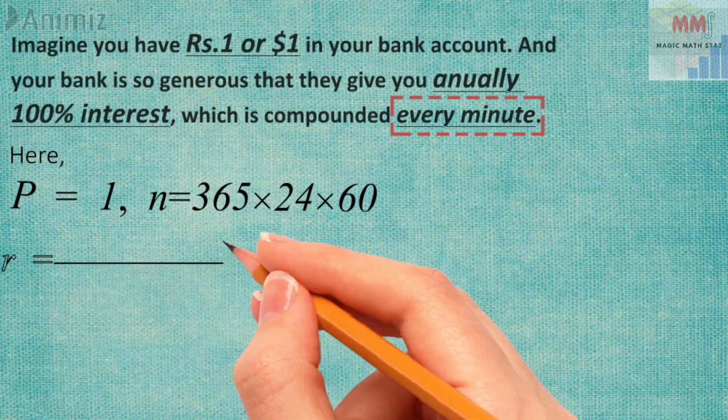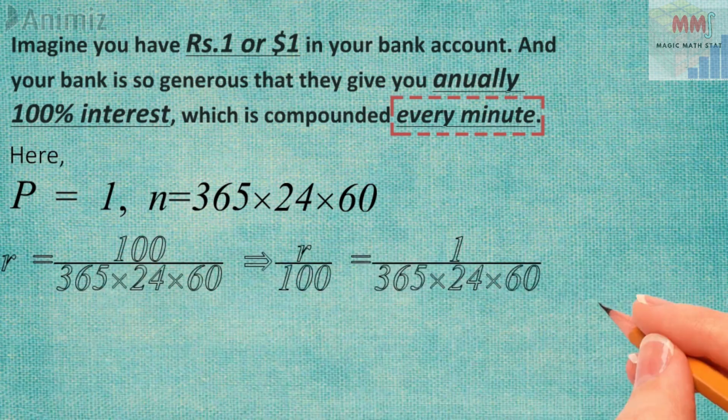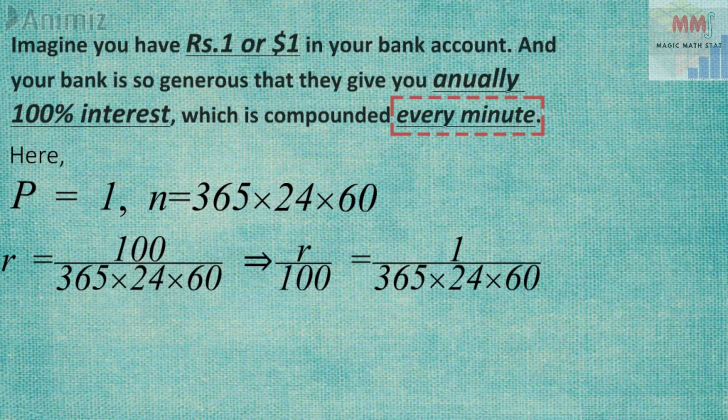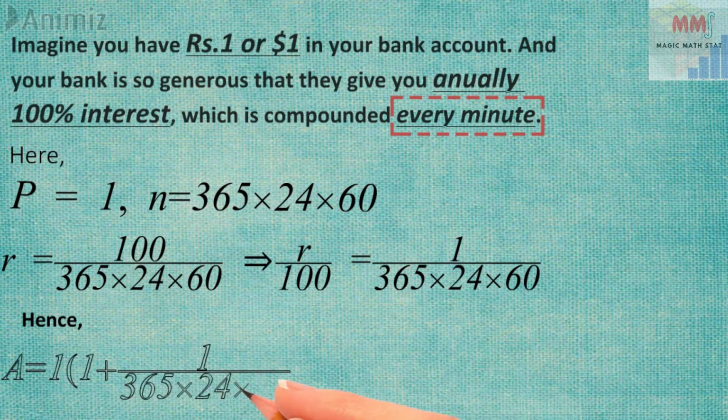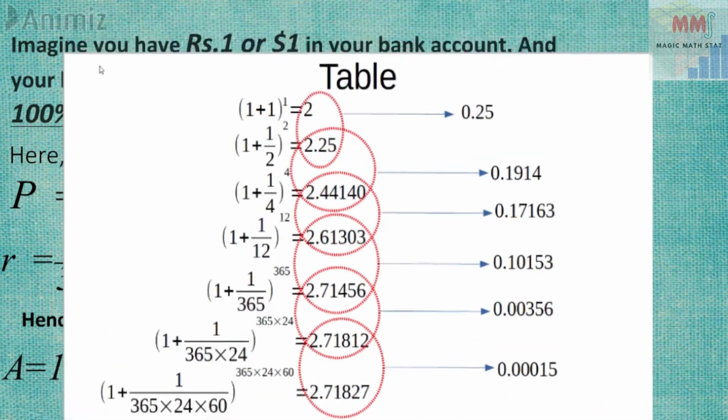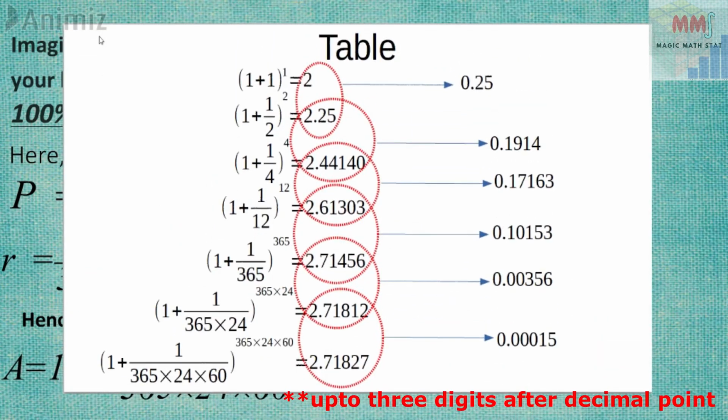Now the r becomes 100 by 365 multiplied by 24 multiplied by 60 and this gives us r by 100 equals to 1 by 365 into 24 into 60. Put these values into the equation and you will get after 1 year the amount becomes 2.71827. Now you can see the value got stabilized up to 2 digits after decimal point.